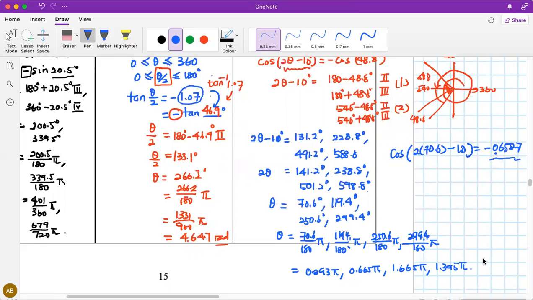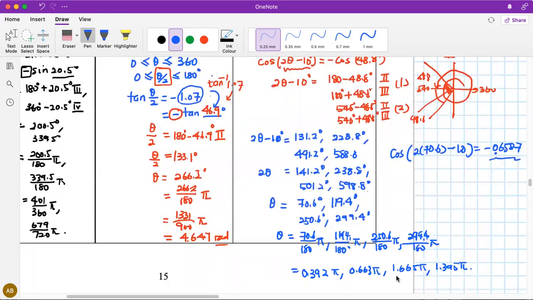Let me check. So, almost correct. 119.4 divided by 180 is 0.663. So the first 2 decimals are almost correct, but the last one depends on how accurate your calculation is. So here is pi.